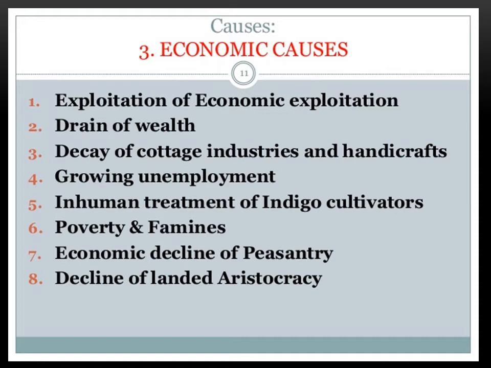Exploited, like they got full benefit of Indians' wealth. So they imposed high taxation on Indian goods, and they took off all the duties or taxes from British goods, so that it affected the local merchants.